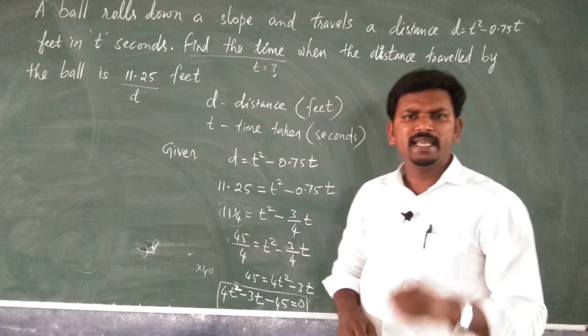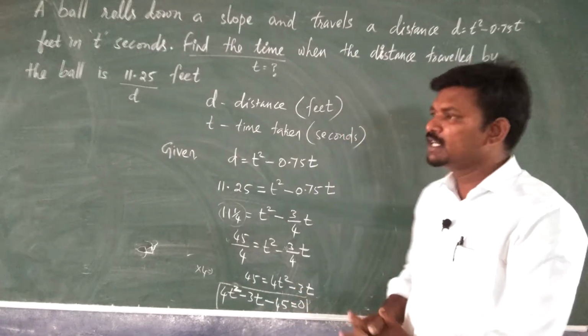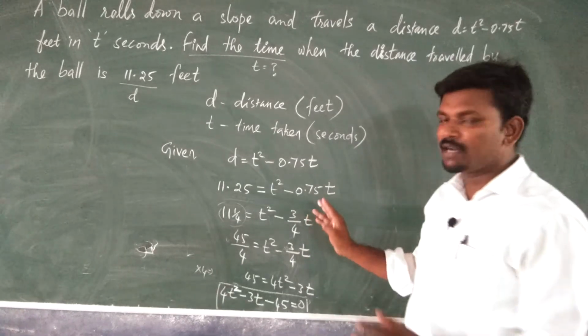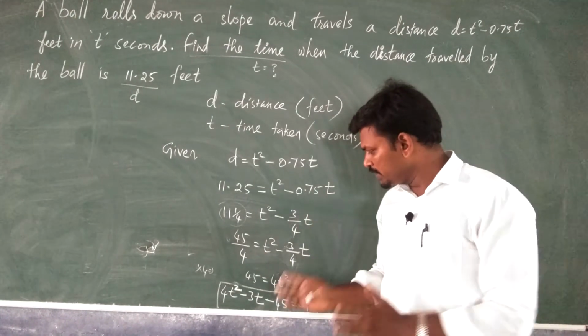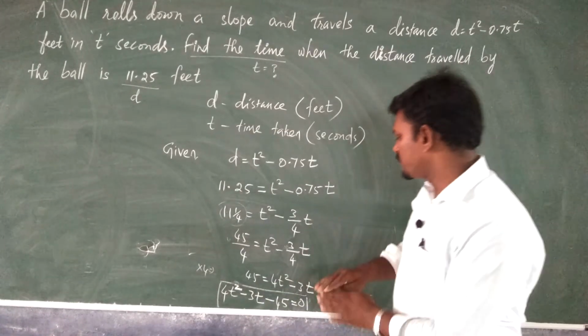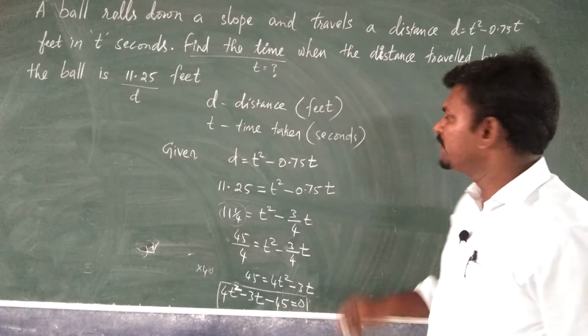Using any one of those methods we can solve this quadratic equation to find the value of t. Hereafter I will not do it, you are going to do it. Use any one of the 3 methods and find the values of t.